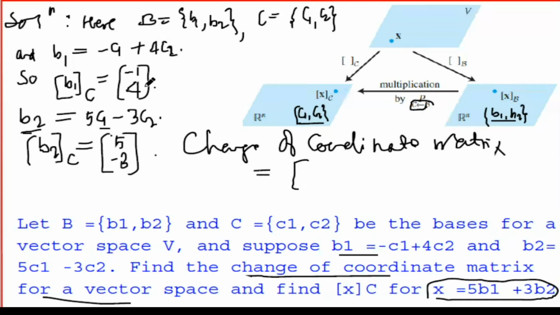It is made of the C coordinate for B1 and the C coordinate for B2.